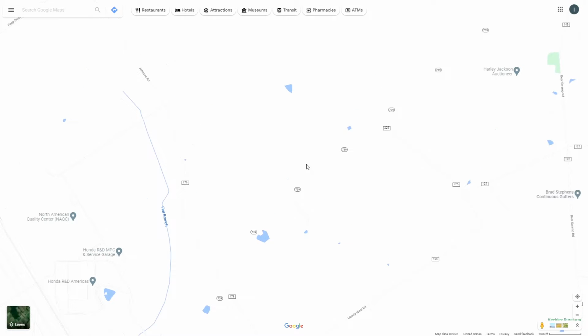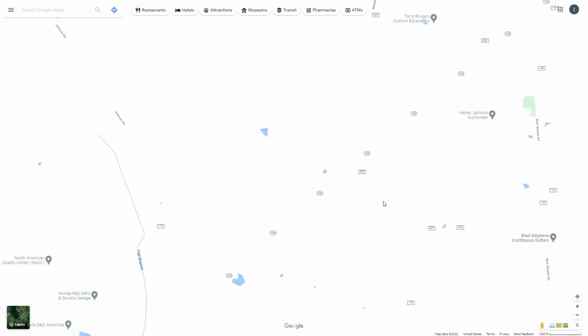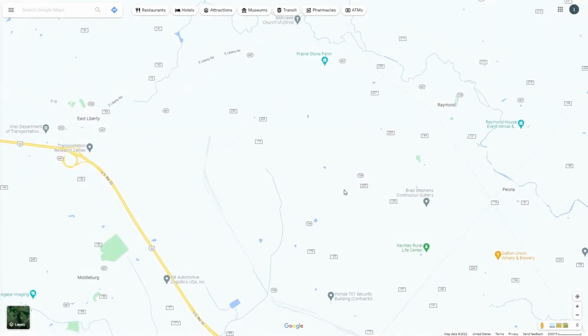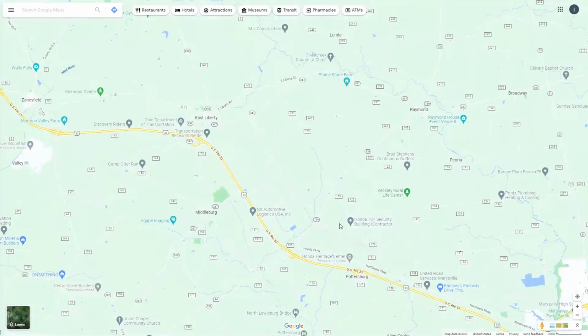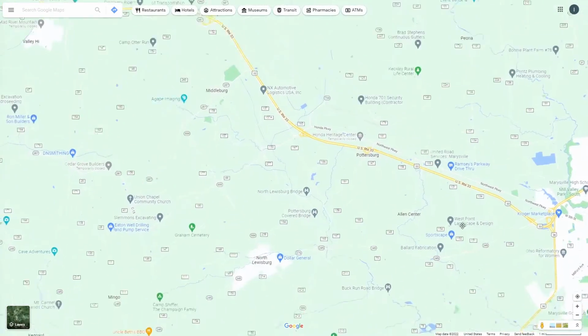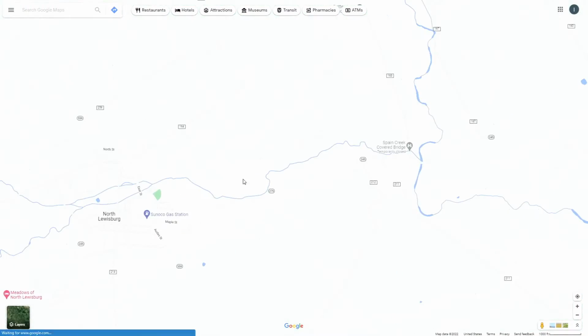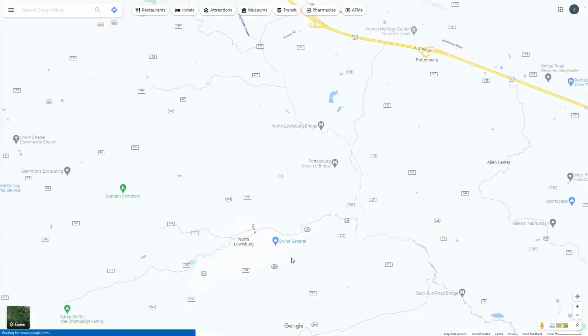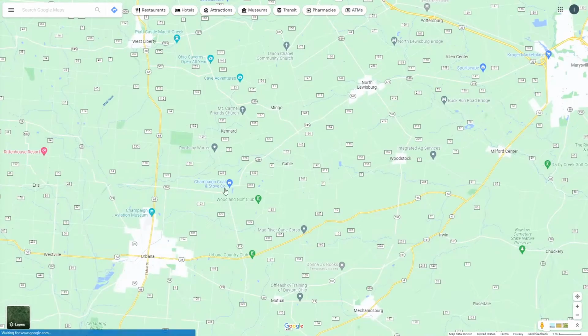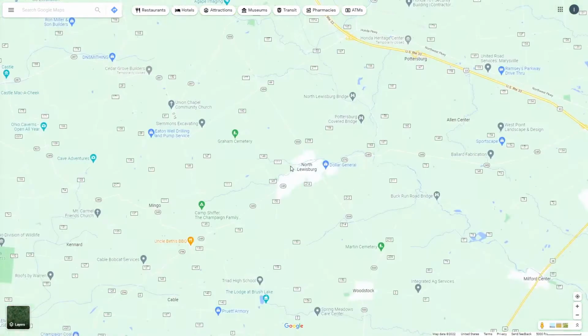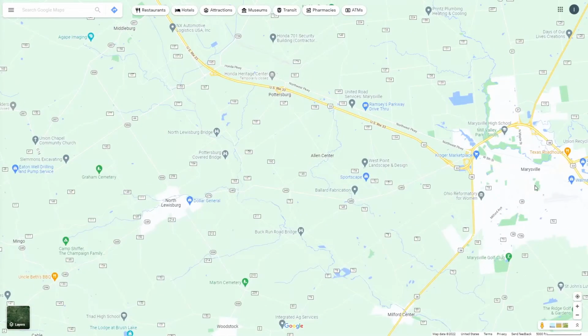Whatever state you're in, they take care of these roads. These are definitely larger roads. They have pretty major routes. Like if you follow the whole highway, State Route 275 goes for a while, but it connects the cities of North Lewisburg and Marysville.